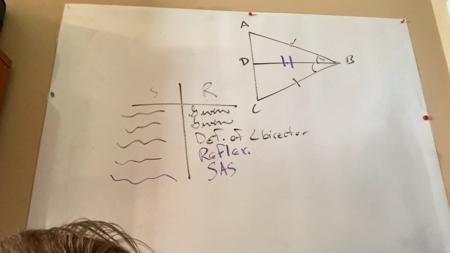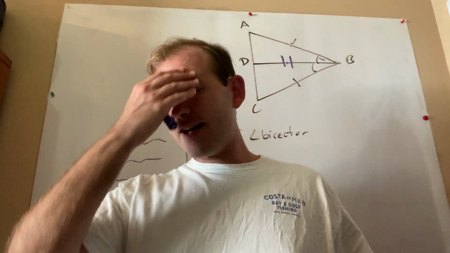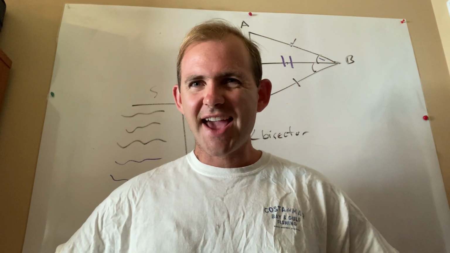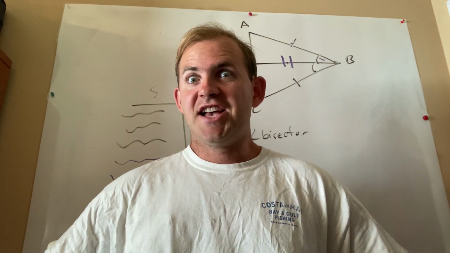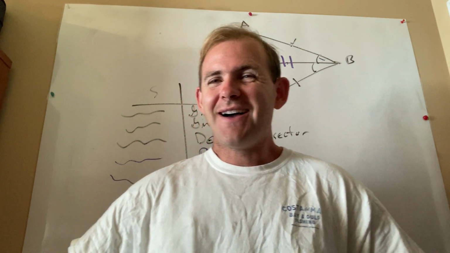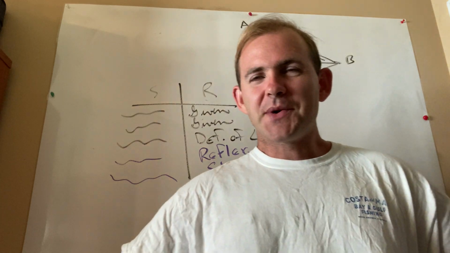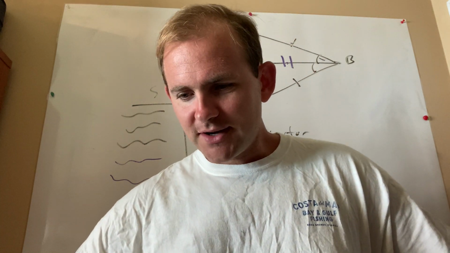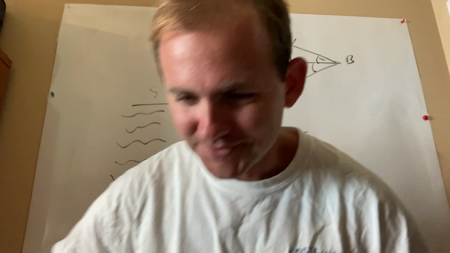For number 4, I actually have a problem. I have what looks like SSA or ASS. That's forbidden. That's not one of the 5 that we learned. So for that one, you would just write a big frowny face and say, oops, sorry, no can do.